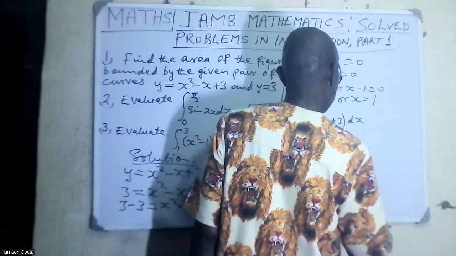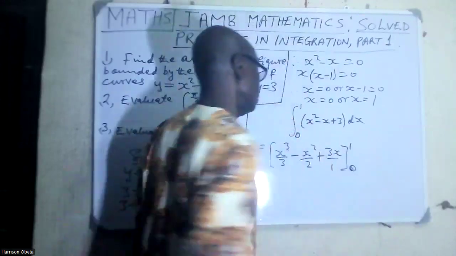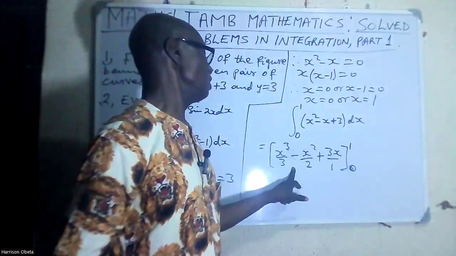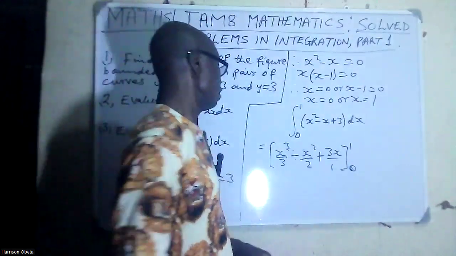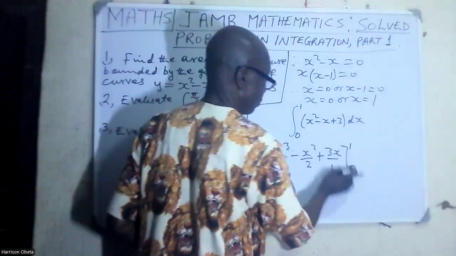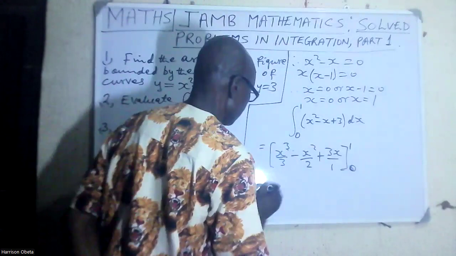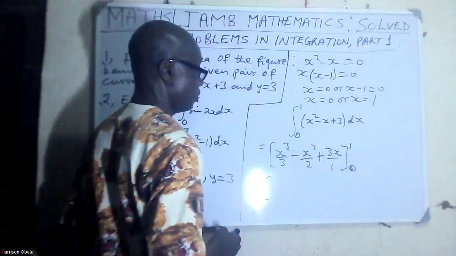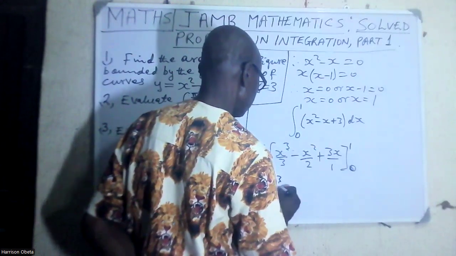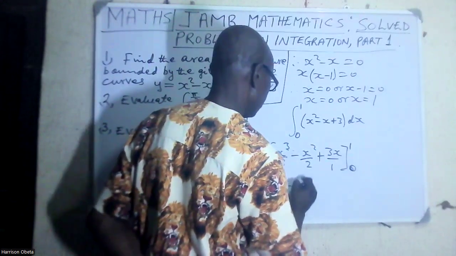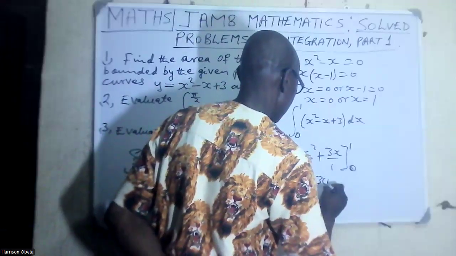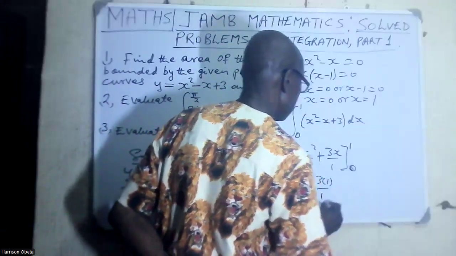then 1, 0. So the next step now is for us to substitute the upper value and then also the lower. After substituting this, we subtract that of the lower. So that would be equal to, bringing in our values, 1 cubed over 3 minus 1 squared over 2 plus 3 bracket 1 over 1.